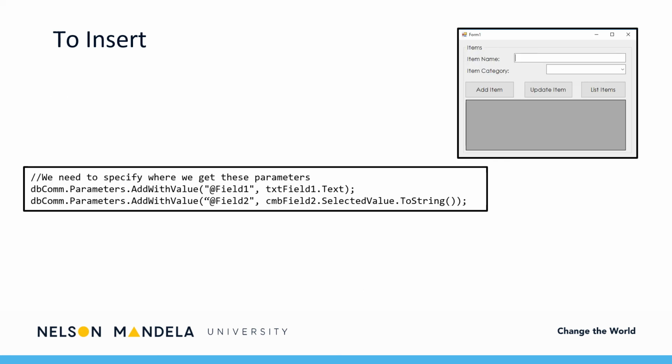So now your insert, remember over there we had two placeholders. So these placeholders are called parameters. So you add code that says command.parameters.add with value. So this parameter over here is represented by this text box. This parameter over here is represented by this combo box.